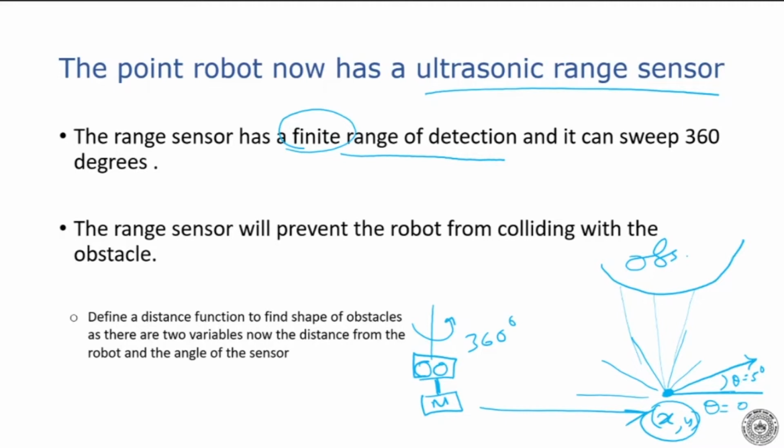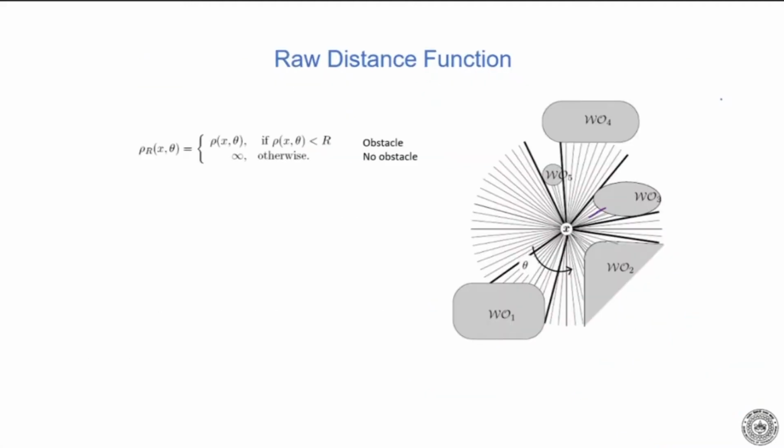Okay. So using these two, we compute a distance function which gives us the exact information as to how far the obstacle is and in which direction compared to the 0 of the robot. So we define a distance function. Now what is the objective of this distance function?